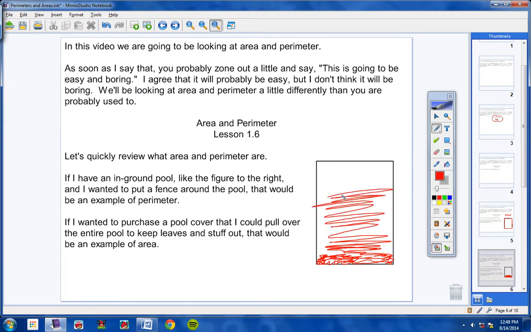That's an example of area because I'm finding a measurement of space, how much I need to cover a certain space within an object. The key word there is the inside of an object. That's area, the measurement on the inside. So that's a quick review, and now let's continue on.